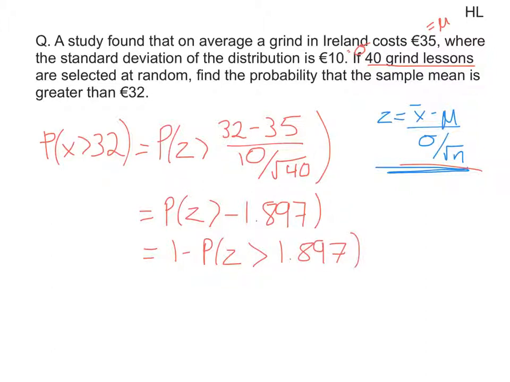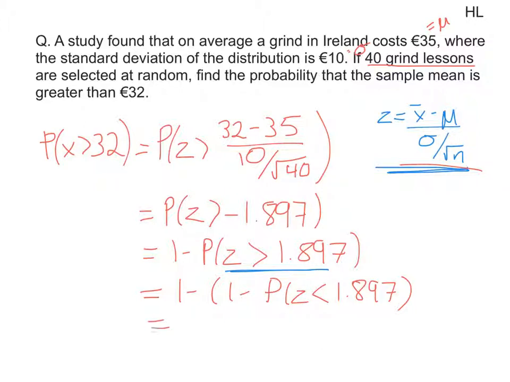Another issue is the normal distribution tables give probability values for z being less than or equal to a specific score. In this case, we have z being greater than 1.897. So, to sort out this problem, we insert 1 minus the probability that z is less than 1.897.